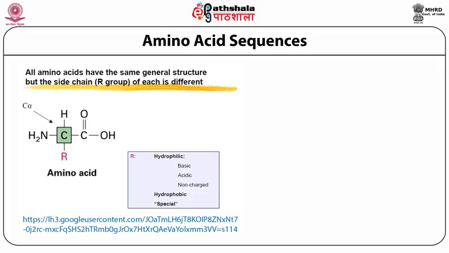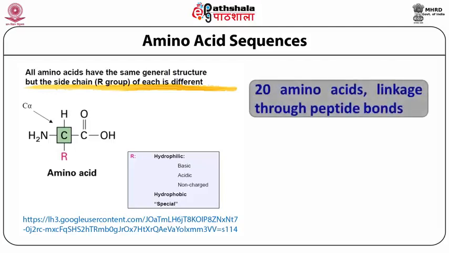In an alpha amino acid, the amino and carboxylate groups are bonded to the alpha carbon. Various amino acids differ in respect of the side chain, that is the R group, attached to their alpha carbon. You can see here the common structure of an amino acid.